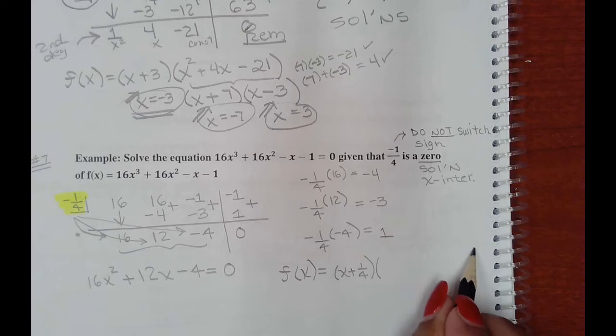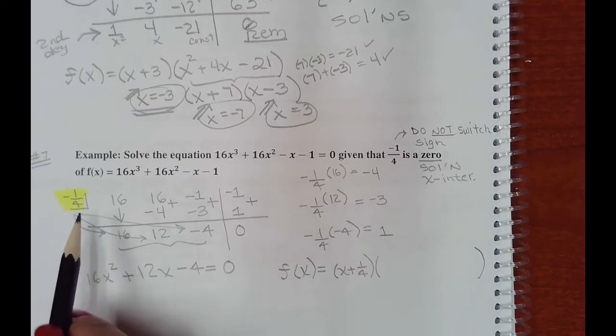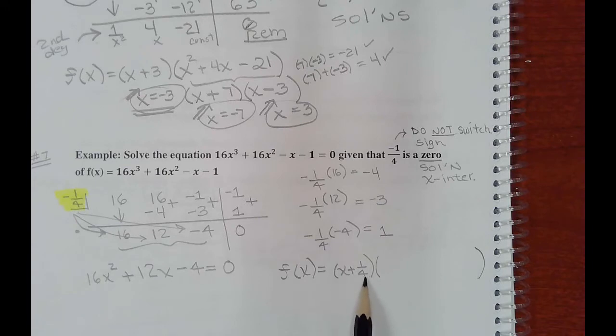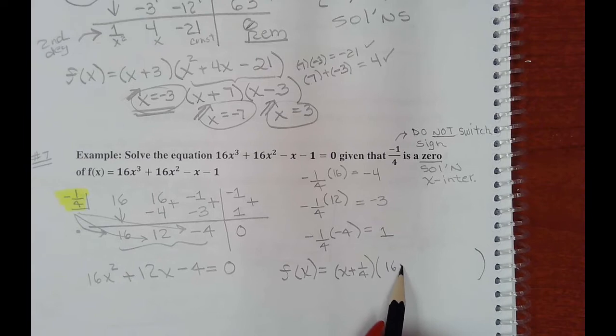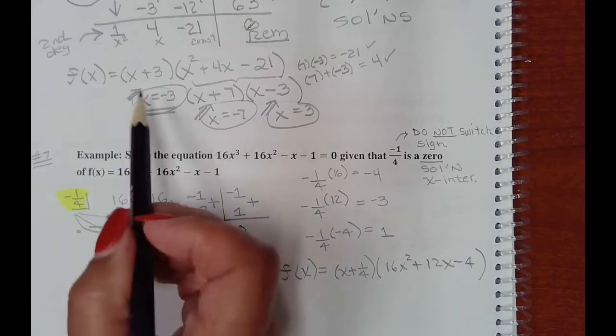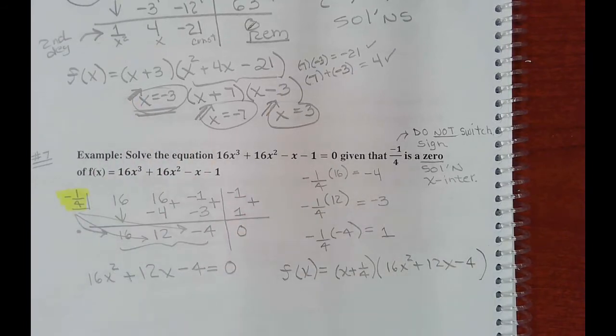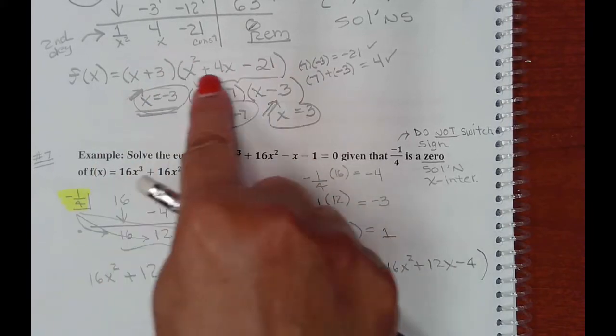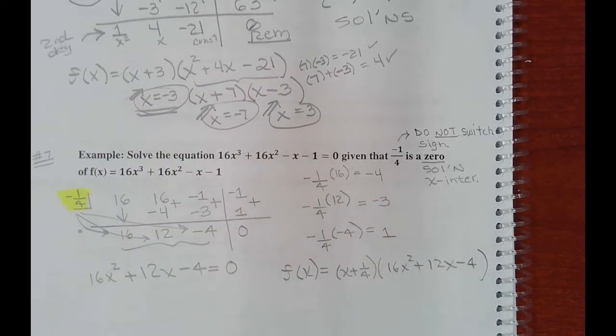And what you had left over after you synthetically divided this value, which corresponds to x plus 1/4, is 16x squared plus 12x minus 4. And all you're going to do is, just like we did here, continue to factor. In other words, wanting to know what would make this second degree trinomial equal to 0.